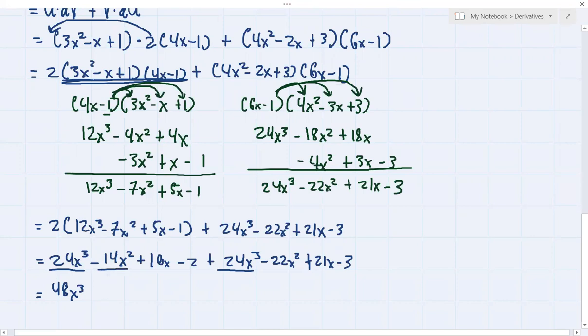Next, we have negative 14x squared at saka si negative 22x squared. So we can combine them together because both of them are similar. So negative 14x squared minus 22x squared, we will have negative 36x squared. Alright? Then next, meron tayong 10x at saka si 21x. So 10x plus 21x, we will have positive 31x. Tama ba ako?